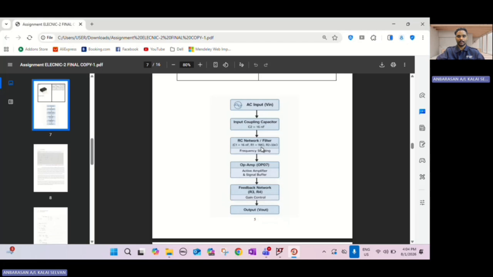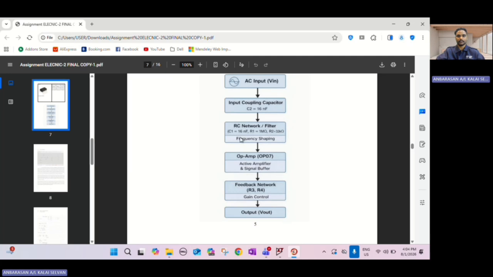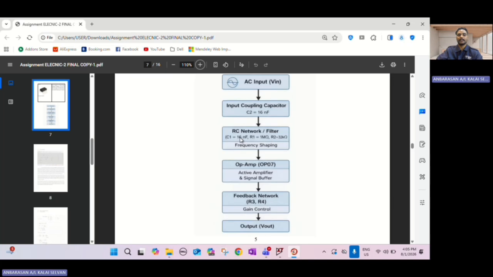Okay, now I am going to explain the flow chart. Number 1, AC input link. This is the input signal coming from an external source. The signal is an alternating current AC signal that needs conditioning before use.